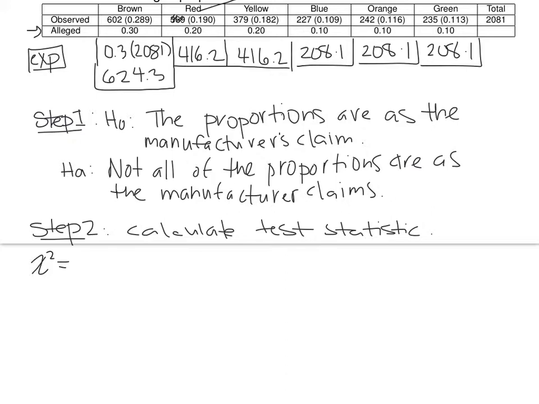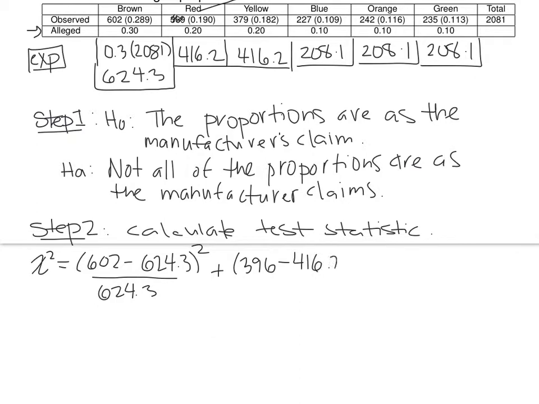So the observed is 602 for brown, minus an expected of 624.3, that quantity squared, divided by 624.3. And then for red, we observed 396, so 396 minus an expected of 416.2 squared over 416.2.